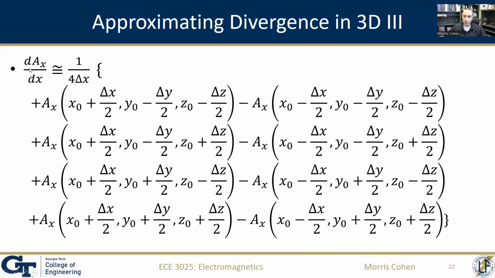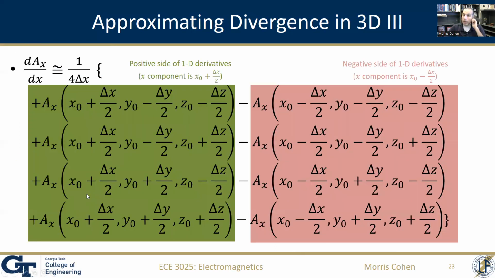So the approximation for the derivative dAx/dx, first of all, we're going to have an average of 4 different pieces to it, right? And each of those 4 rows is basically a one-dimensional derivative, right? It's a difference of 2 points that are separated in the x direction from each other, right? So in this first row, notice that the x-coordinate on the left and the x-coordinate on the right are off by exactly 1 delta x from each other, whereas the y component is the same and the z component is the same.